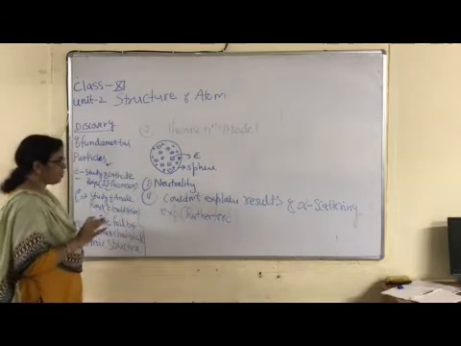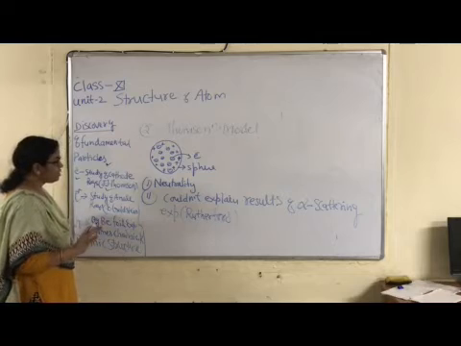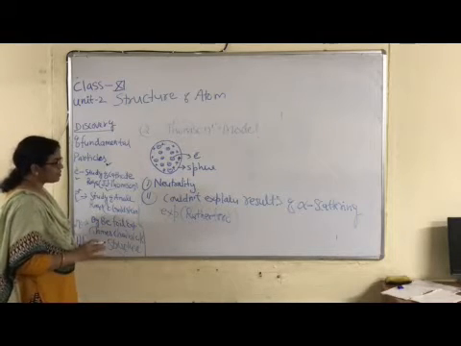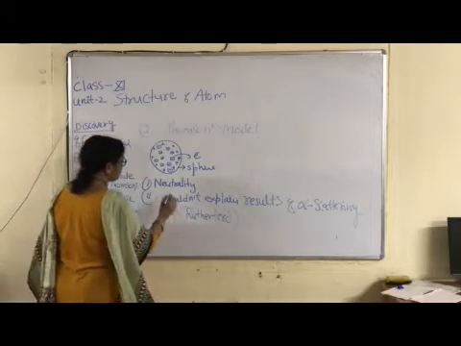So this is the main drawback, the main limitation of Thomson's model. No explanation of the results of Rutherford's alpha scattering experiment.